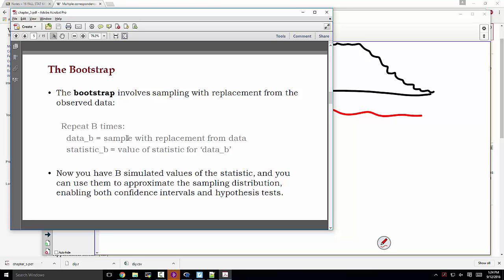It seems like we're cheating because we're just resampling from our original data. That's the idea of the bootstrap. Bootstrap is like pulling yourself up off the ground with your own bootstraps. Not really possible to do that. So it's got this kind of magical feel to it because all we're doing is taking our observed sample and sampling with replacement from it to create a new pseudo sample just like ours.